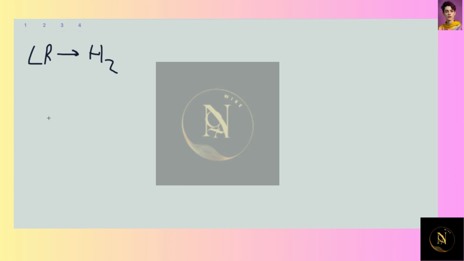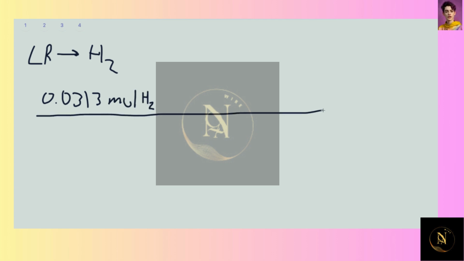Now we want to find the theoretical yield of methanol, given that H2 is our limiting reactant. The first thing we do is take our moles of H2, 0.0313 moles of H2, and convert it to moles of methanol. Based on the given chemical equation, there are 2 moles of H2 for 1 mole of methanol, CH3OH.